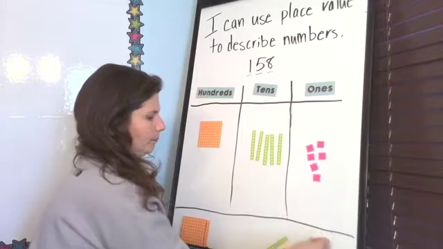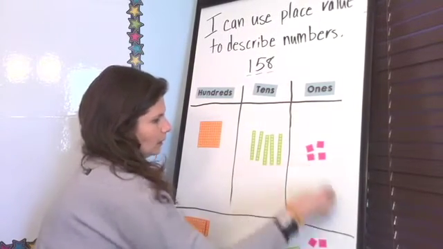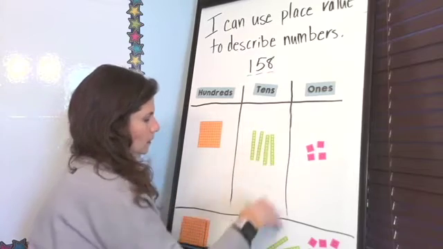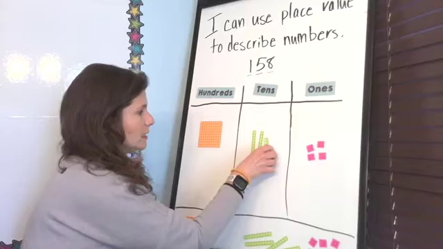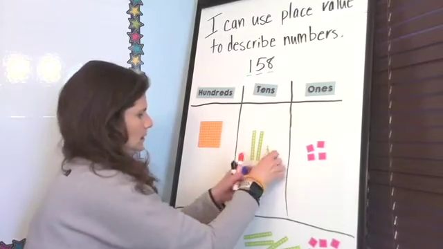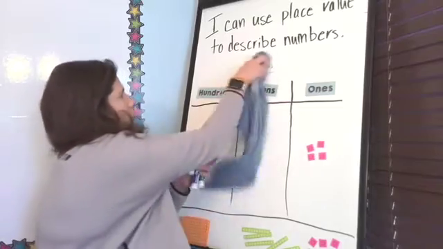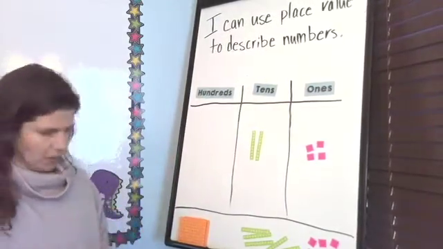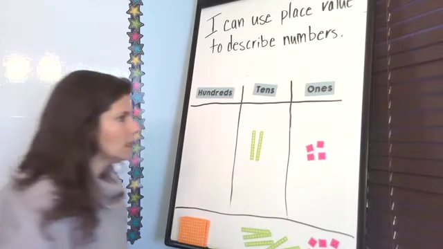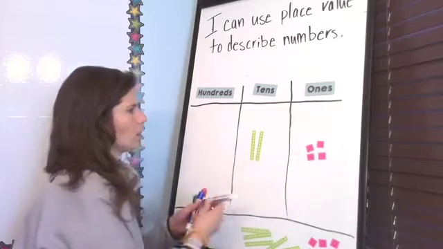So, now let me show you a different way, okay? Sometimes you might see just the base 10 blocks, okay? And then the question might be, what number is this? So what I'm going to do is first I'm going to count the ones. 1, 2, 3, 4.